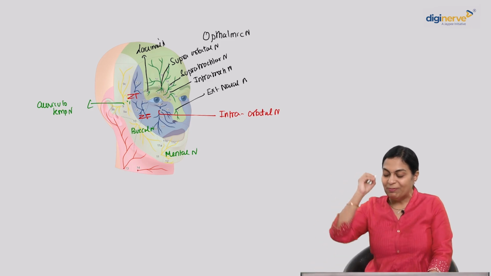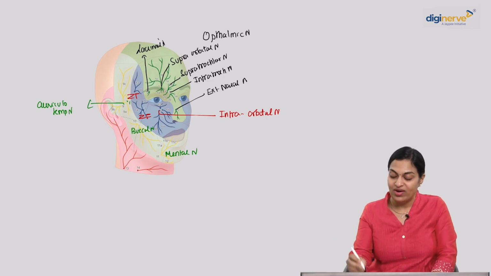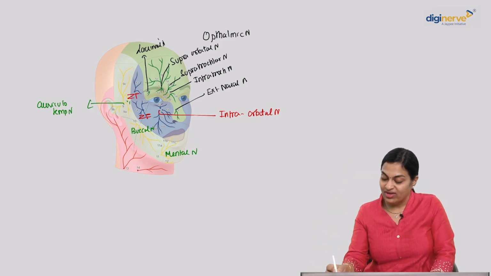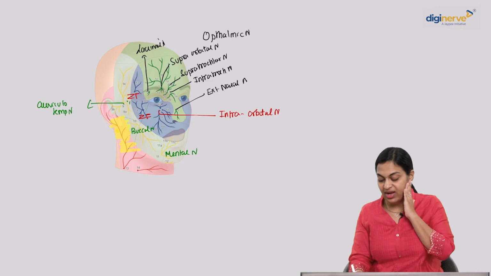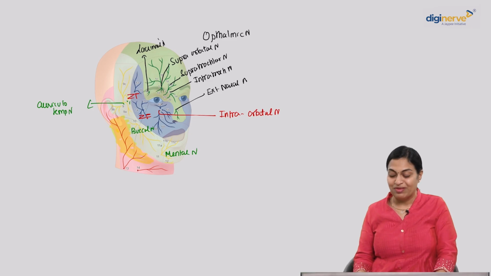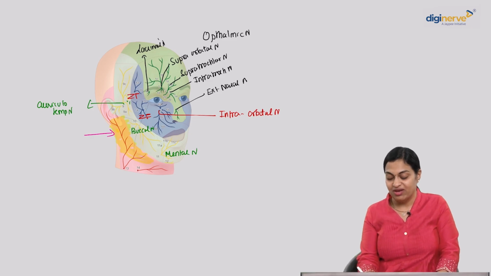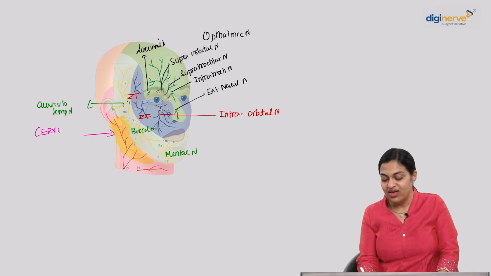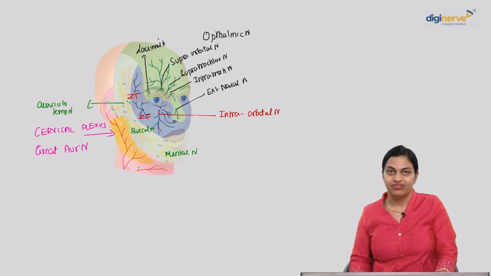And here, please remember one important MCQ. This area here: the skin over the parotid gland, the skin over the angle of the mandible, is not innervated by the trigeminal nerve. It is innervated by a branch coming from the cervical plexus, which we call the great auricular nerve.